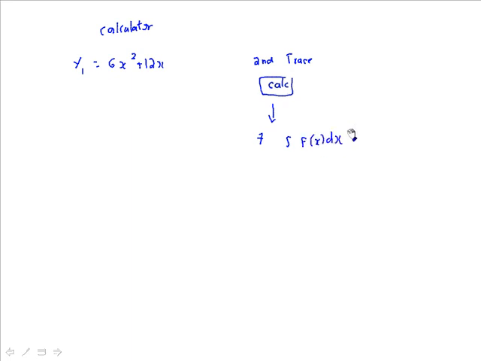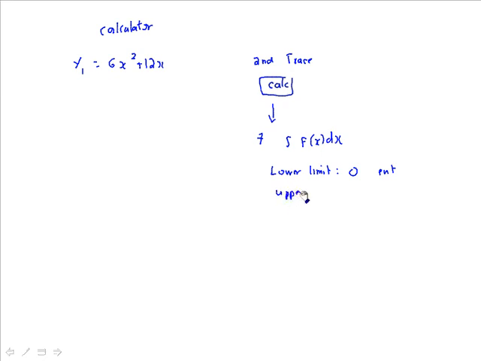So this allows you to calculate definite integrals. So press number 7. They're going to ask for a lower limit. And for our purposes, the lower limit is 0. So x is equal to 0. Press enter.